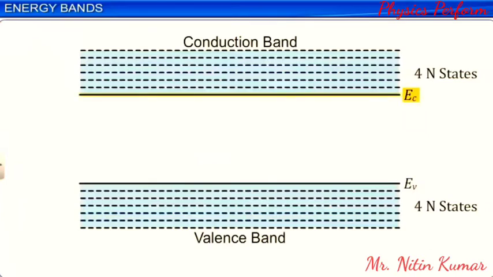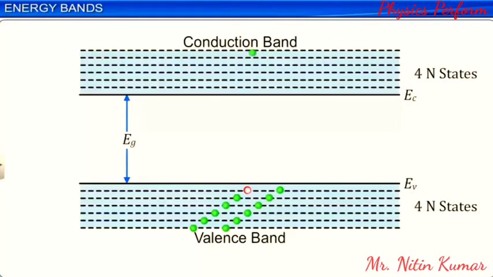Let EC denote the lowest energy level of the conduction band. Let EV denote the highest energy level of the valence band. The difference between EC and EV is the energy band gap or energy gap, denoted as EG. The valence band electrons can move into the conduction band by gaining energy equal to the energy band gap EG.